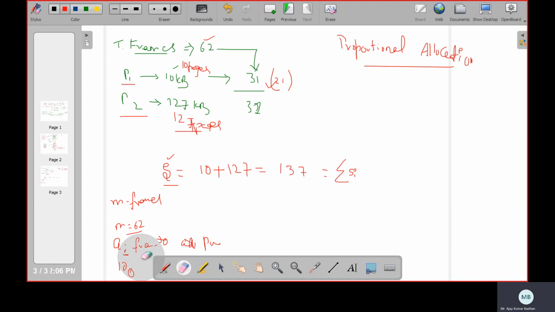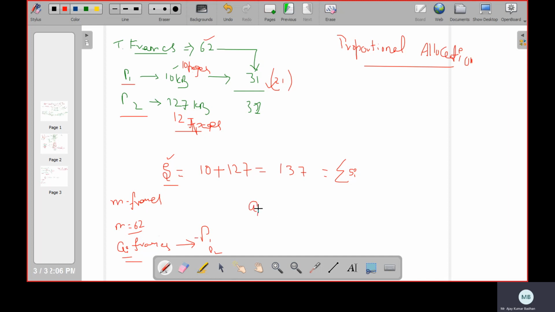Now, a_i frames are shared among the different processes P1, P2. We need to determine how many frames we can allocate to P1 and P2.